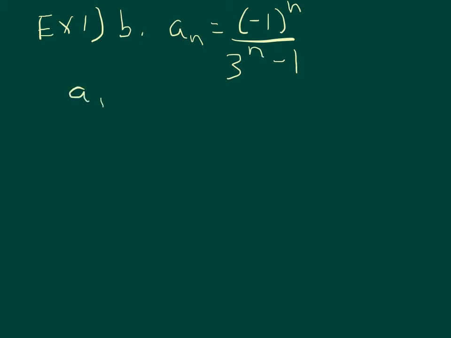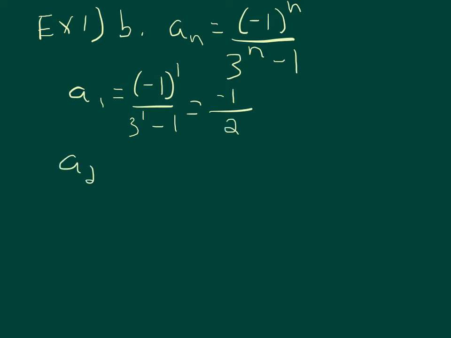If we plug in a sub 1, we're going to plug in the 1 anywhere there's an n in our general term. So we have -1 to the 1 over 3 to the 1 minus 1. Well, -1 to the 1 is -1. And 3 to the 1 is 3, minus 1, that makes -1/2.